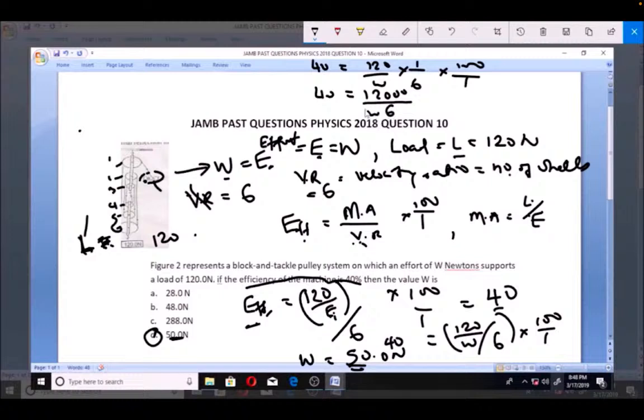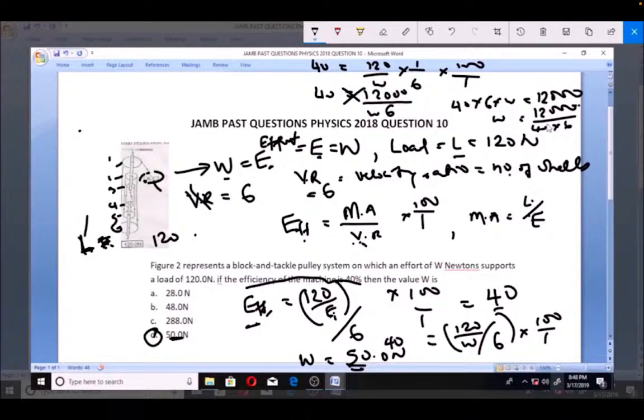When you cross multiply, you have 40 times 6 times W equal to 12,000. Make W the subject: W is 12,000 all over 40 times 6. If you cancel out, you get 50.